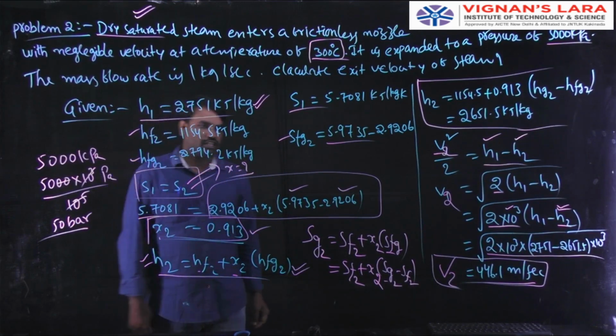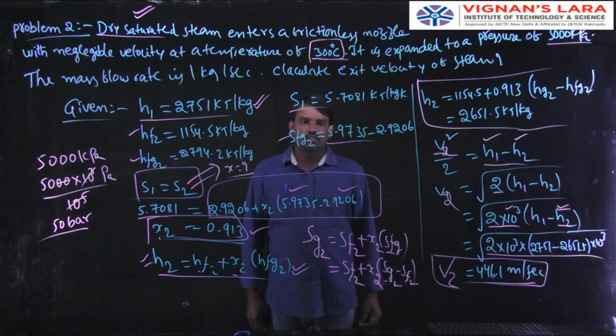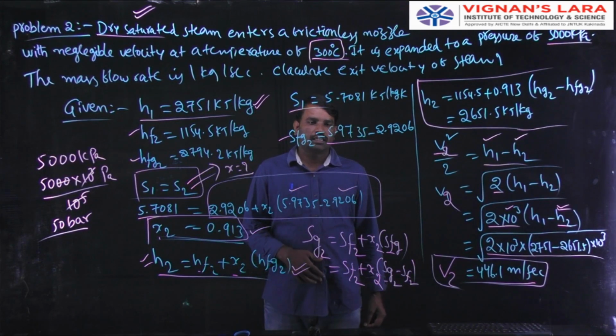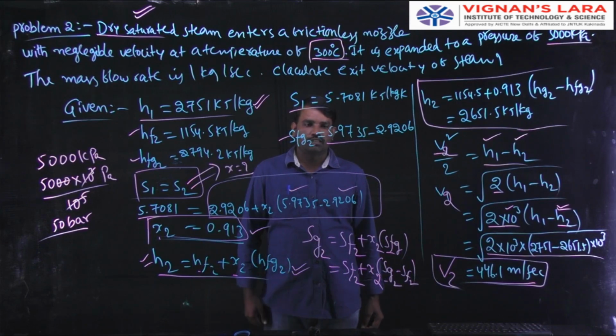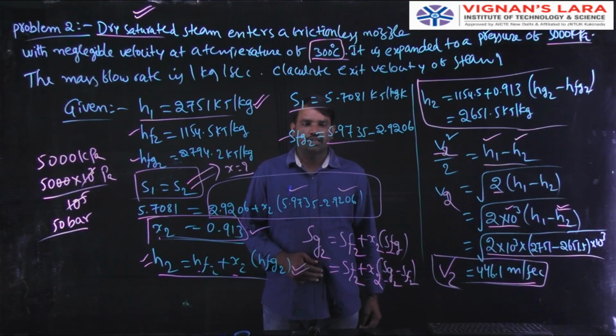In the present problem we introduce dry saturated steam, and that steam expands inside the nozzle body. During that expansion process, dry saturated steam converts into wet steam, and we determine the dryness fraction using the isentropic entropy relation.